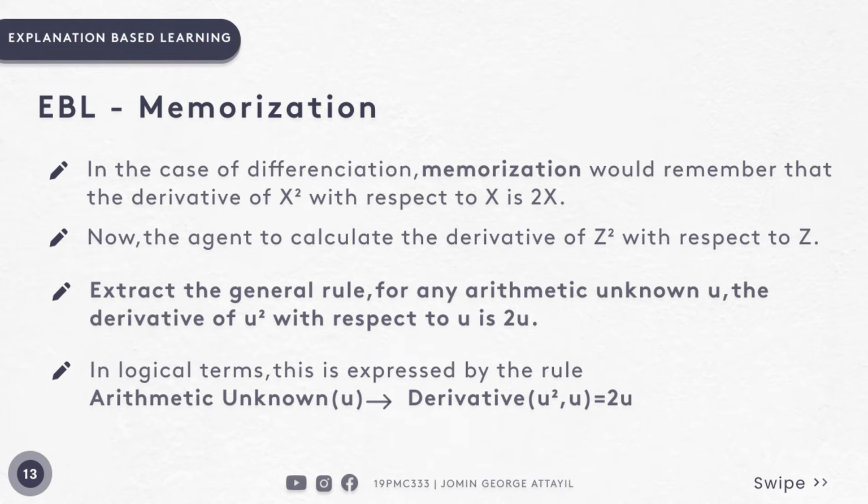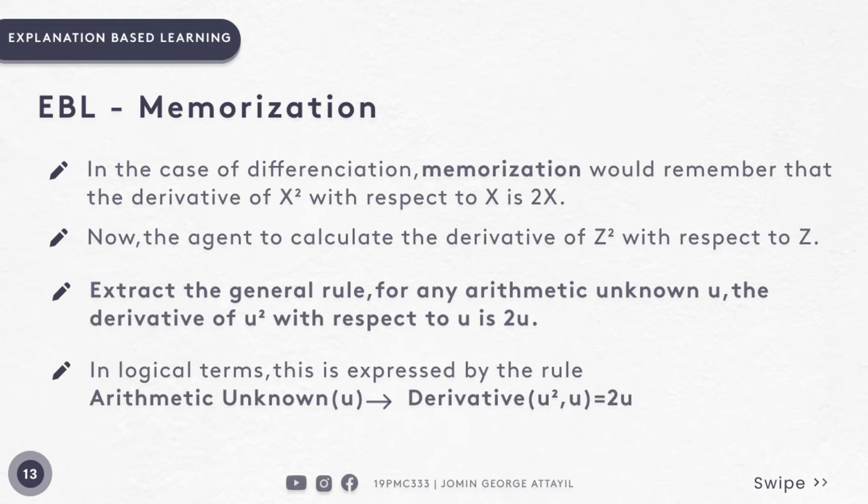Now we'll get another example of z square with respect to z. Here our random variable is z. We need to solve this z square by applying the differentiation equation. So we need to extract the general rule for any arithmetic unknown u. U is the random variable. The derivative of u square with respect to u is 2u.